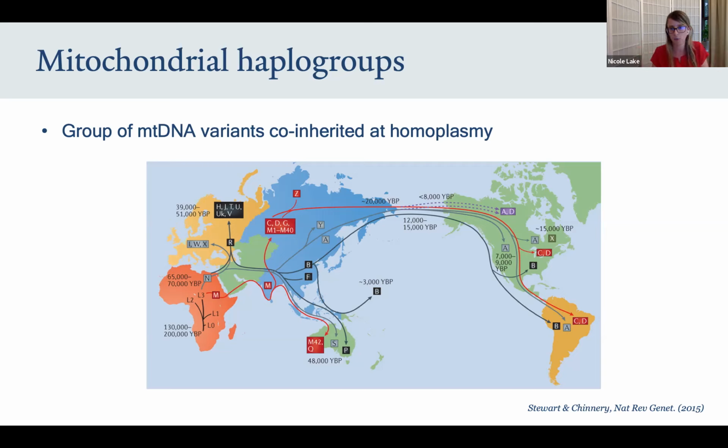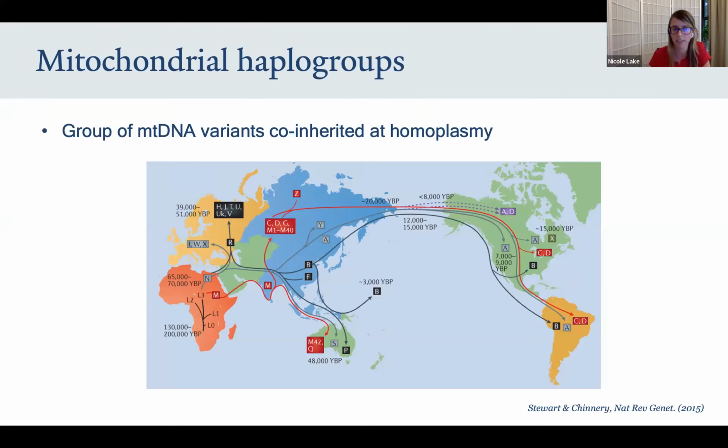If you've done something like 23andMe, perhaps you already know your haplogroup. But they also have relevance for variant interpretation, as I'll touch upon. They can represent evidence of a benign variant in cases. There's also some evidence to suggest that the haplogroup can potentially modify the penetrance of some pathogenic variants, although that requires further research.